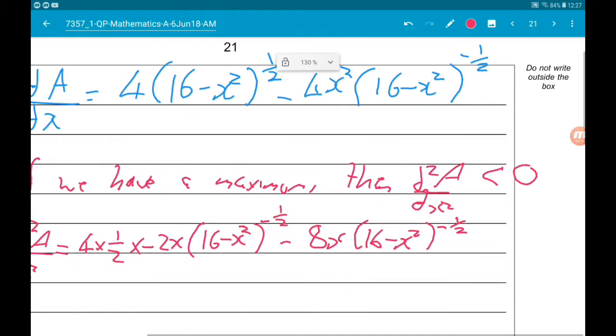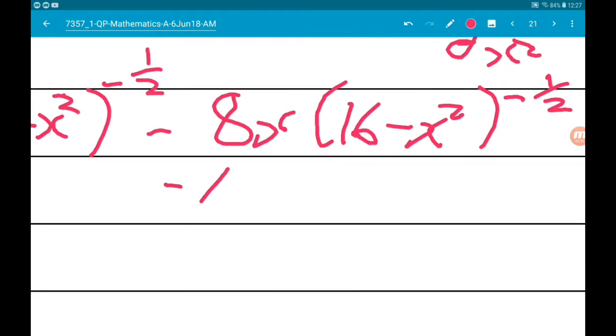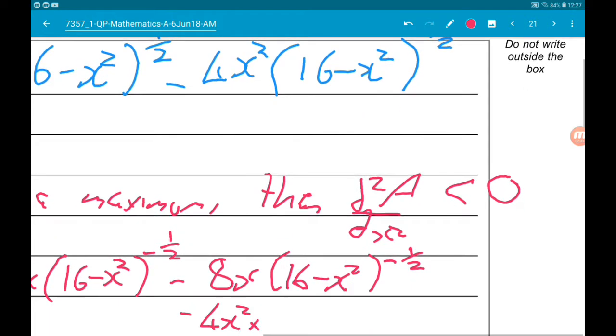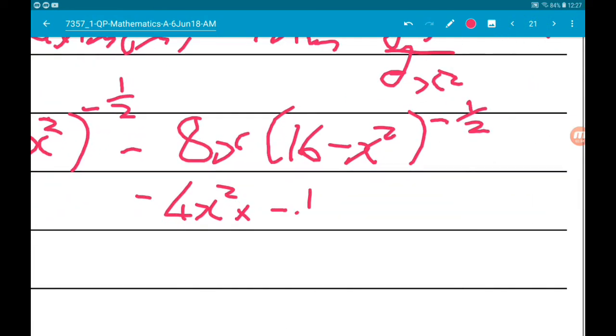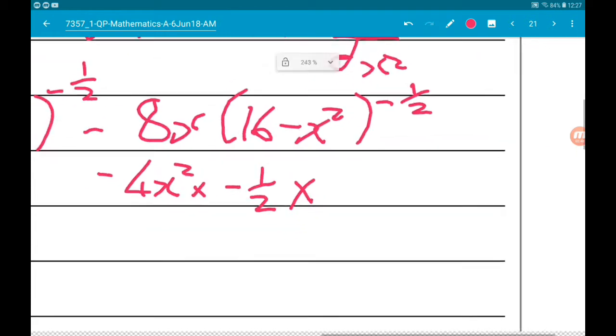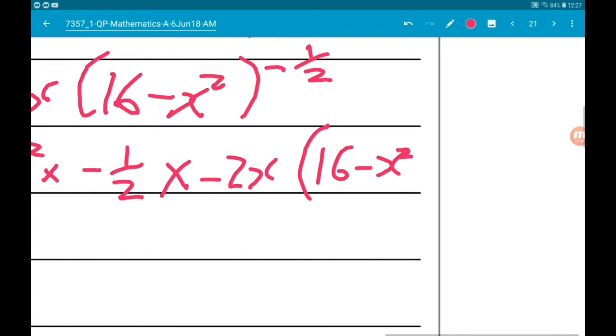And then we're going to get minus 4x squared times, now the power of minus a half comes down, and we multiply by the derivative from the inside of the bracket, so minus 2x times the bracket to the power of minus 3 halves.